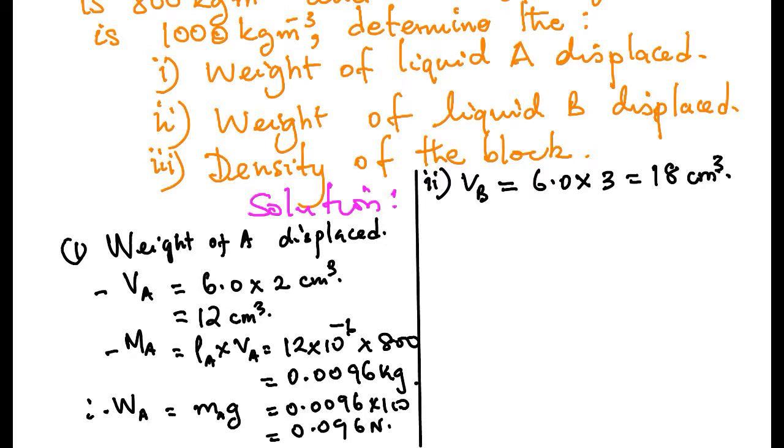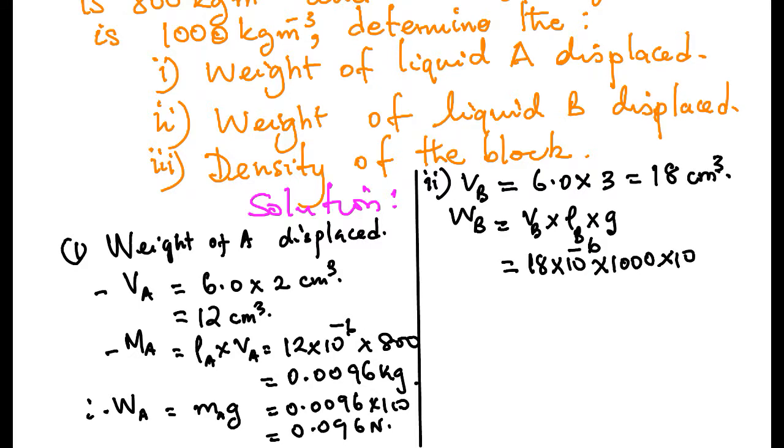Weight of B displaced is its volume times density of B times g, which is equal to 18 times 10 raised to the negative 6 to convert into cubic meters, times 1000, which is the density of B, times 10, and that gives 0.18 newtons.